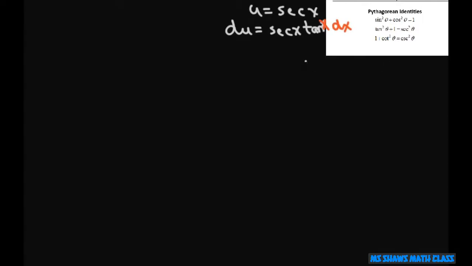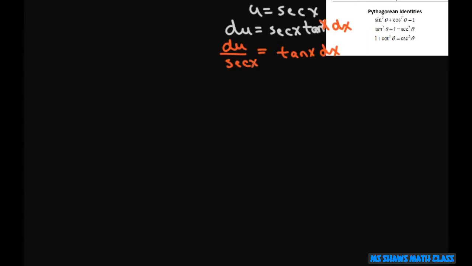And what you're going to need to know is that tan x dx equals, we can divide both sides by secant, so that's going to be du over secant x.